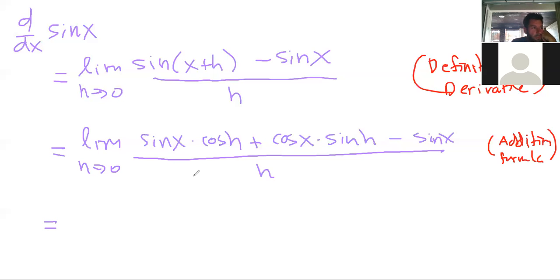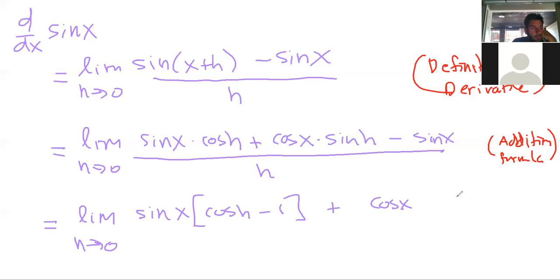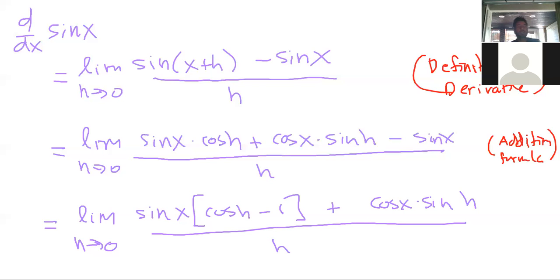So I'm going to rewrite this in the following way. I'm going to pull this sine out of these two pieces, so I'm left with a cos evaluated at h minus 1, and then this is all by itself. So all I did is I factored sine of x out of the two terms.